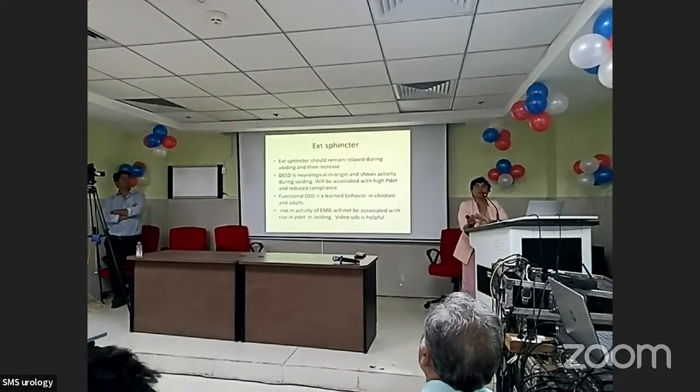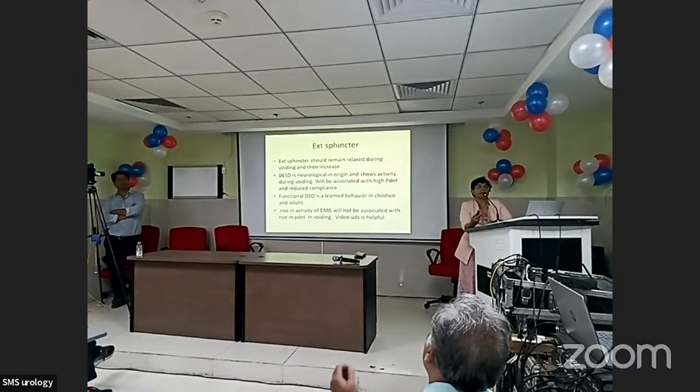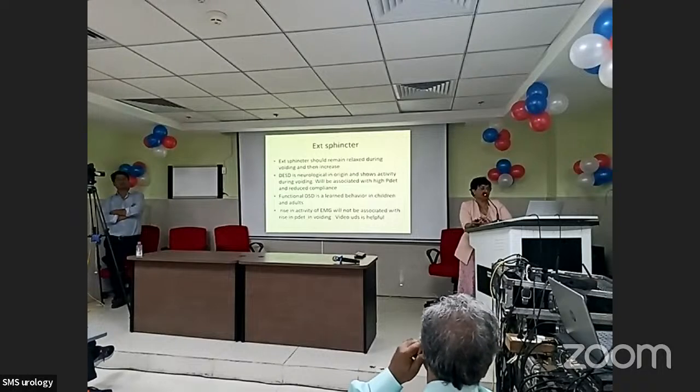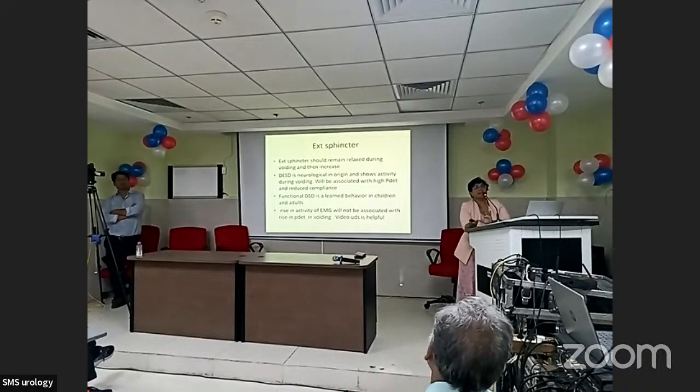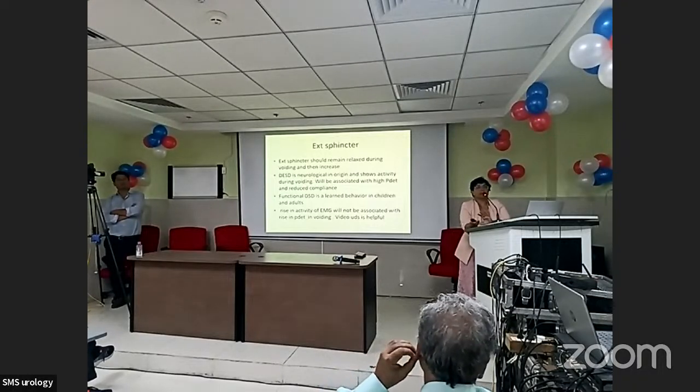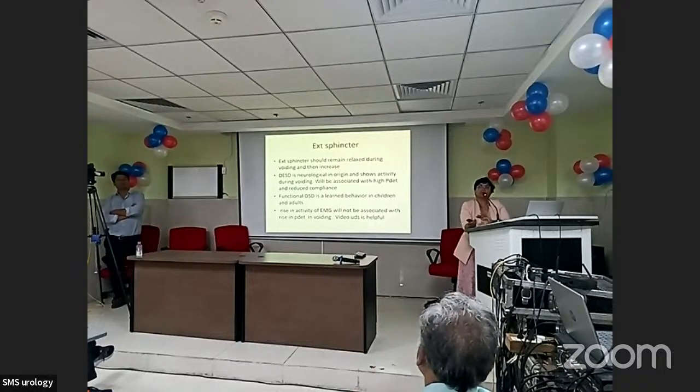Now, when the opposite occurs, DSD is always considered to be neurological, though we know that it can be functional. But as per the definition, DSD is considered due to a neurological event, and exactly opposite things happen: the patient is voiding, but the sphincter is not relaxing, and it is in fact increasing in activity.